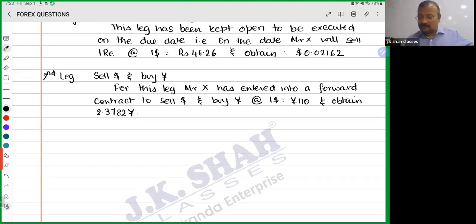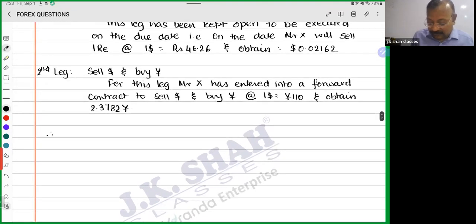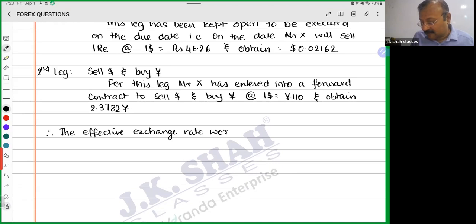2.3782. That means therefore the effective exchange rate works out as 1 rupee equals to 2.3782 yen.